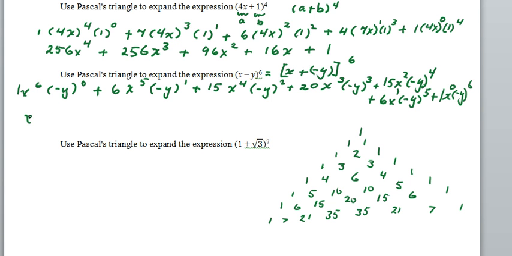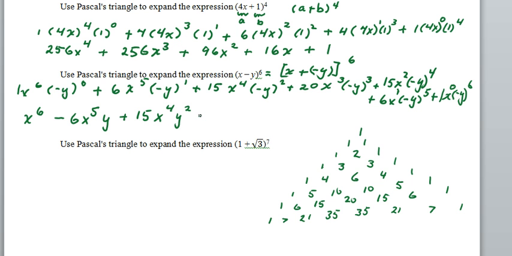So the opposite of y to the 0 is 1. Our first term is x to the sixth. Our second term is going to be a negative, so we'll write subtract 6x to the fifth y. The third one will be a positive, 15x to the fourth y squared.